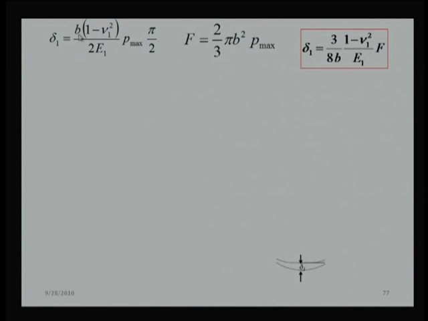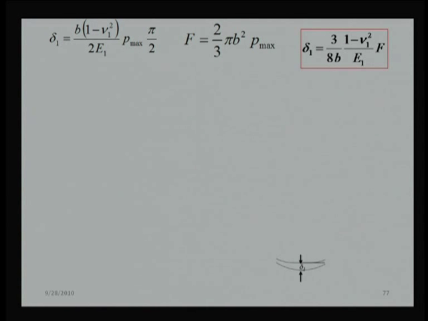First, I am substituting the value of P max here. I want to replace P max with F and represent this radial deflection on the surface, which turns out to be the radial deflection delta 1 as 3 by 8 divided by B, times 1 minus nu square by E 1 F. Now, we are considering only the deflection of one surface. We cannot consider the deflection of both surfaces.